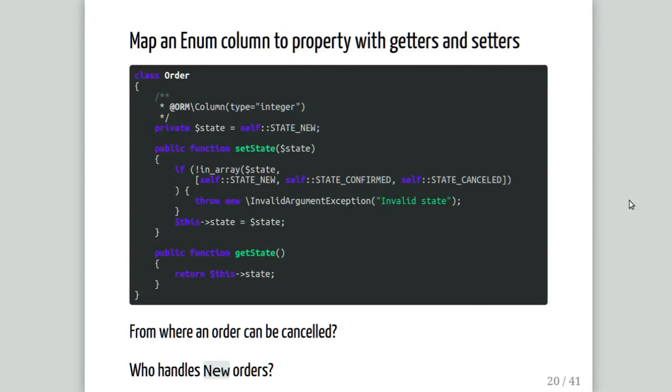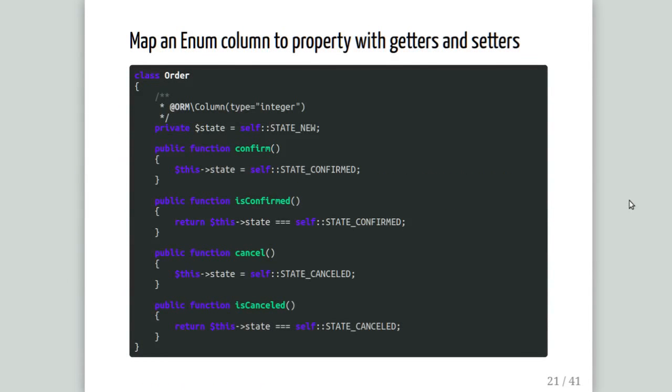However, with the same database, we could map this entity a little bit differently to make it more clear to read. So what we can do, we can confirm, cancel, ask is confirmed, ask is new, or is cancelled. We miss here the is new, but it's the same. By doing this, we completely hide this state column from the rest of the code.